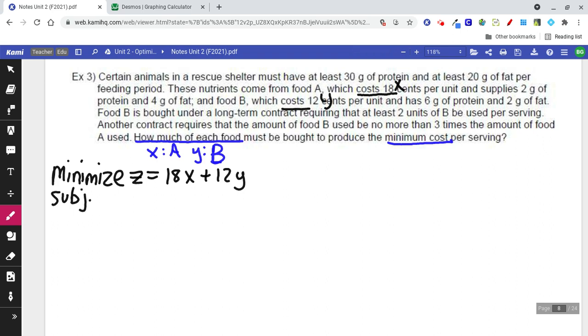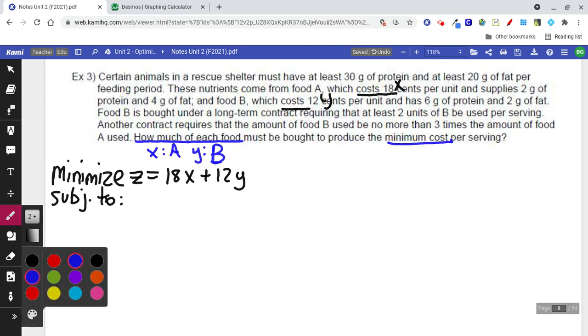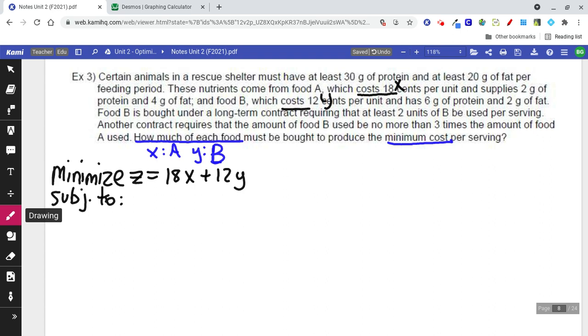Now we want subject to, abbreviated S.T. Okay, so let's think about this. This one's kind of weird. We have at least 30. No, that's not less than or equal. At least 30 means 31, 32. That's greater than or equal.